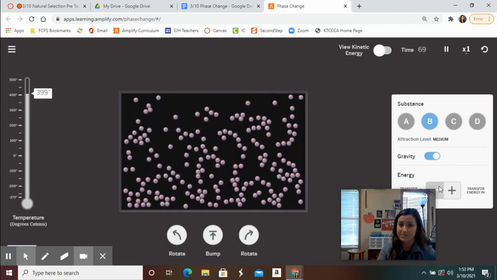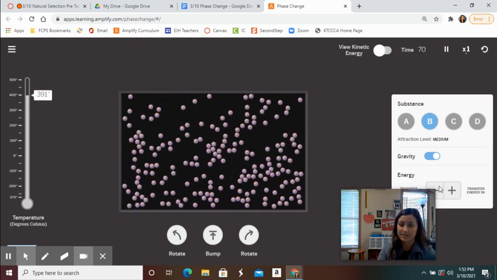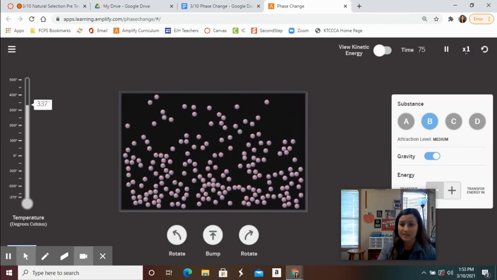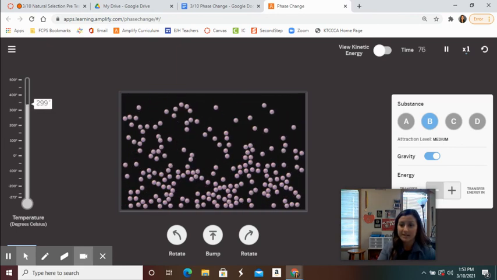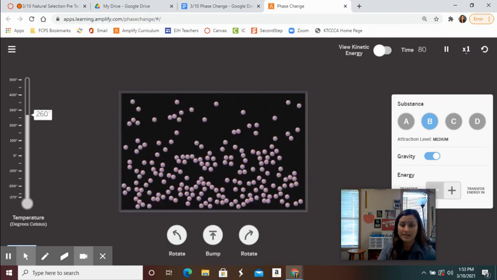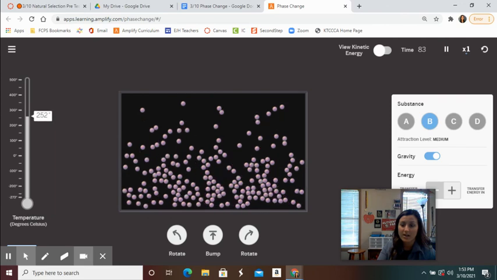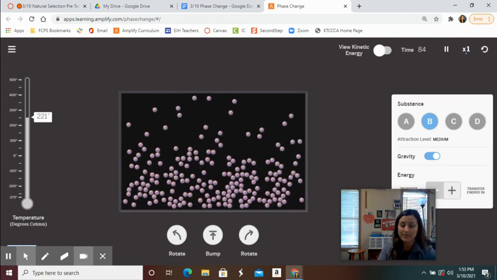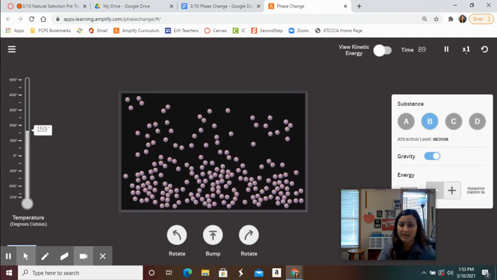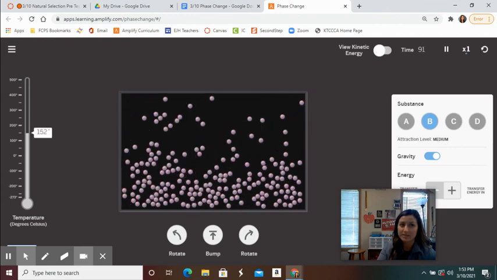And you're going to do that for both. And I'm just going to do it until I notice it's changing phase. And remember, the liquid will be mostly at the bottom, and they'll still be moving, but it's going to be more movement in place, and they all move together. So the point where they stop kind of flying all over and bouncing off the walls here is what we're looking for.